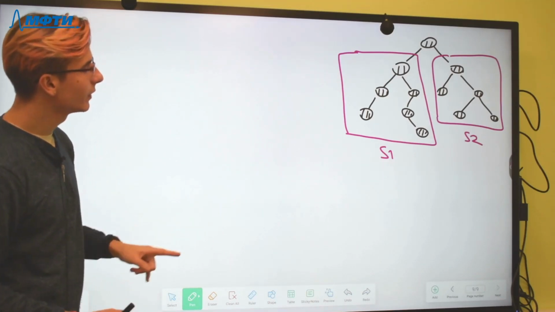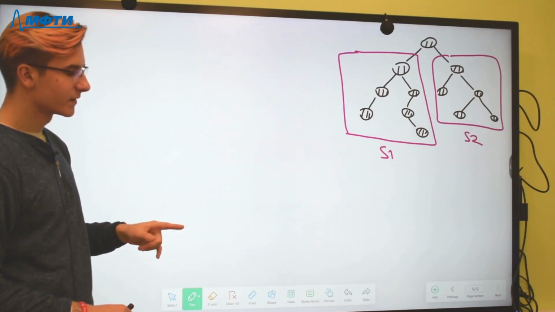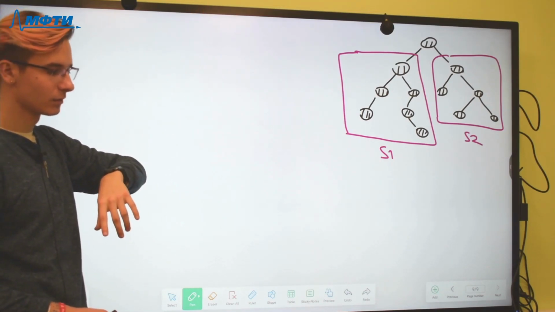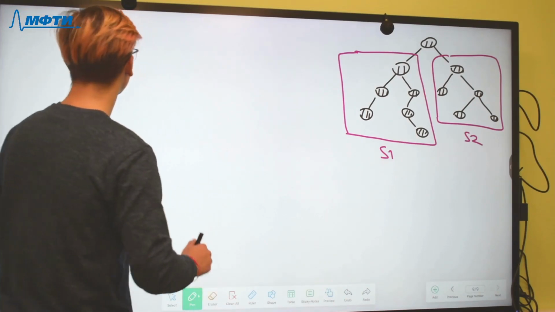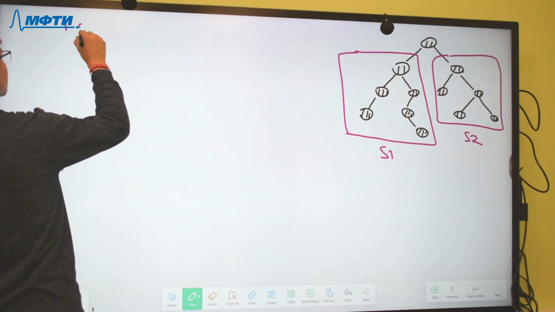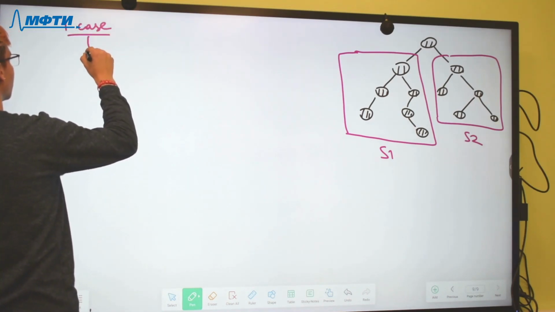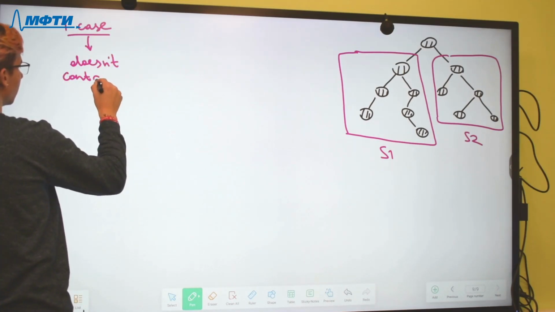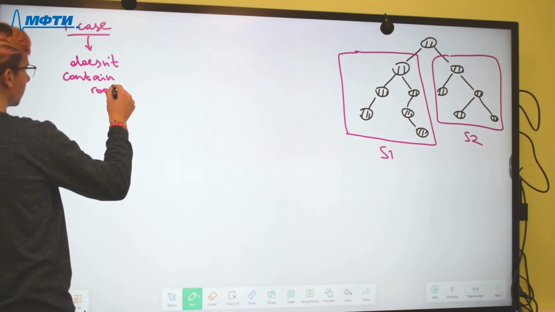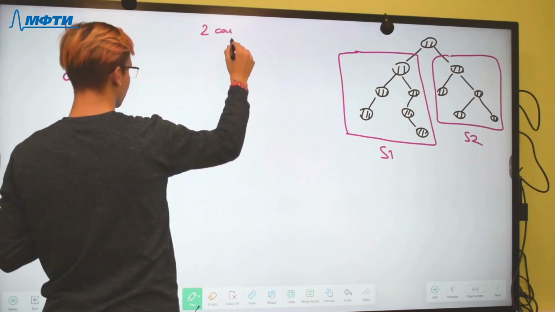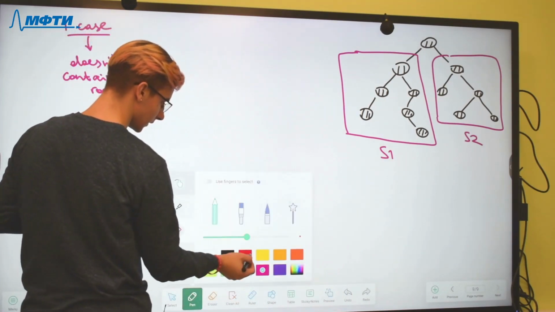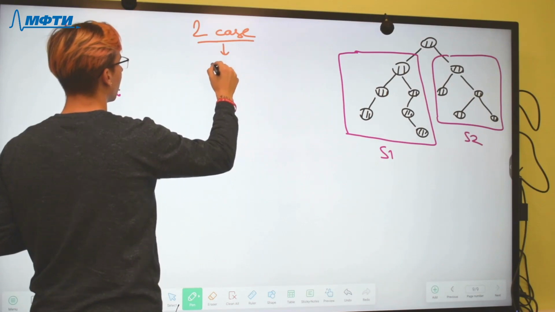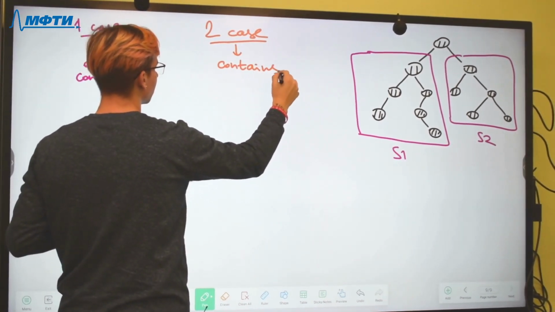One case is when we find an independent set that doesn't contain the root, and the second case is one that contains the root. First case: doesn't contain a root. Second case: contains the root.